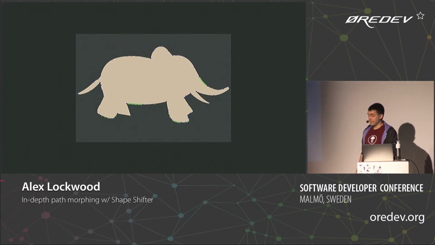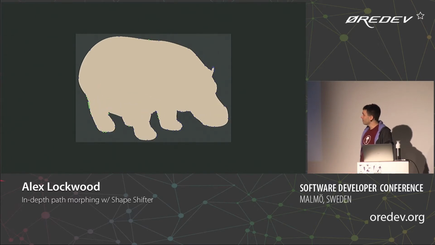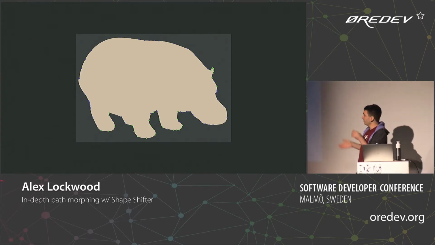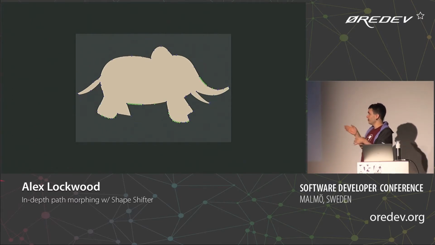The thing that I really like about this is that it's really smart about where to add dummy points. For example, the hippo's ear is a really fine-grained curve. It requires 6 or 7 cubic Bezier curves to get it to look exactly like what you want. Whereas if you're morphing that into an elephant, initially the trunk is just 1 or 2 cubic Bezier curves.